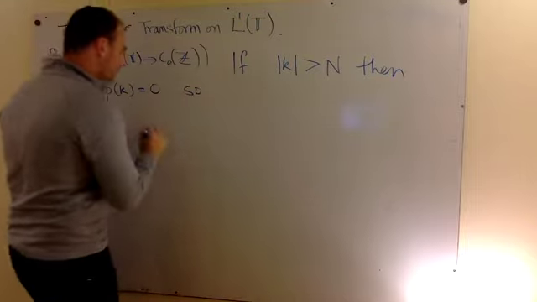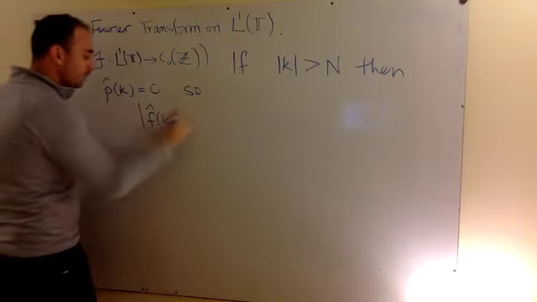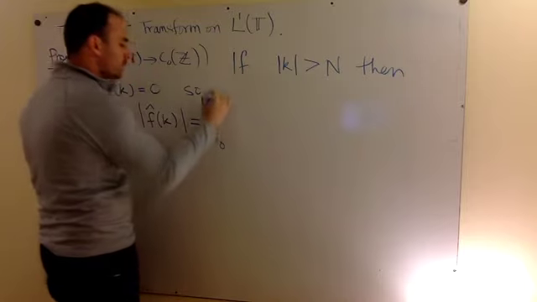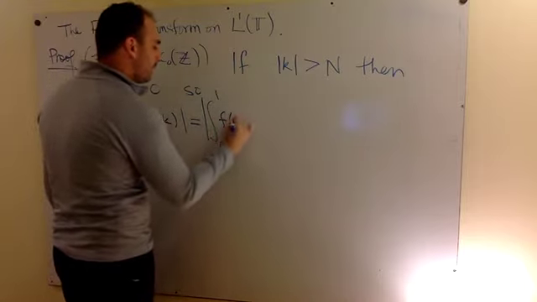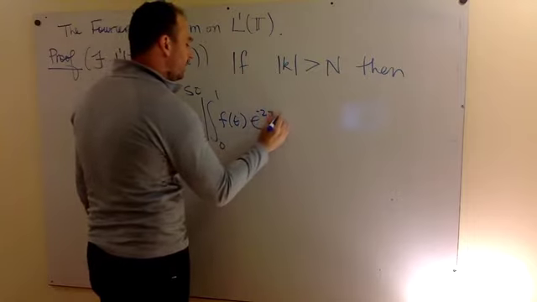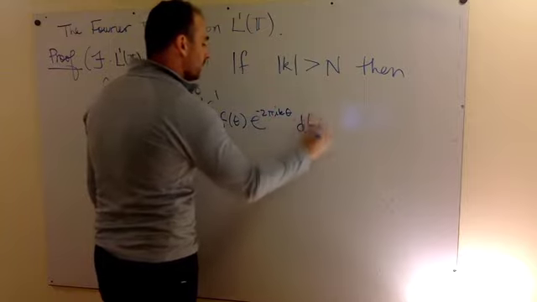So what I can do is look at f hat k. I want to make these things small. Well, what is this equal to? This is equal to the integral of f(theta) e to the minus 2 pi i k theta d theta.